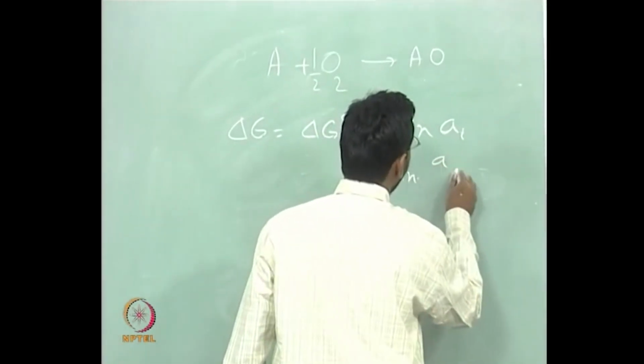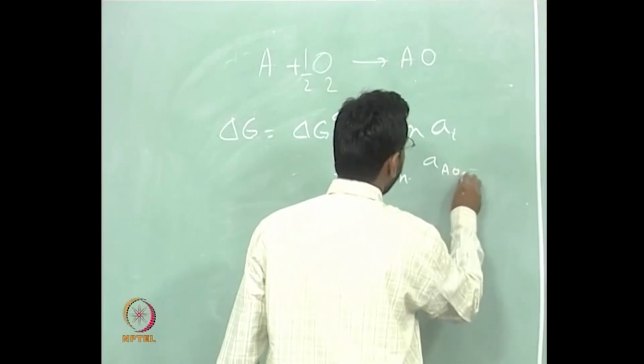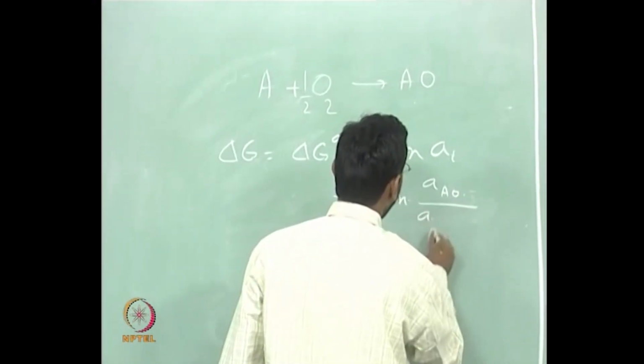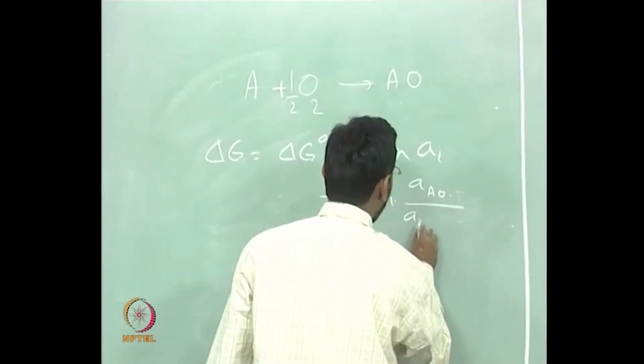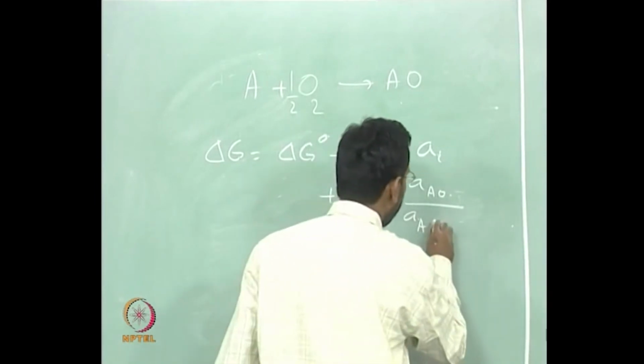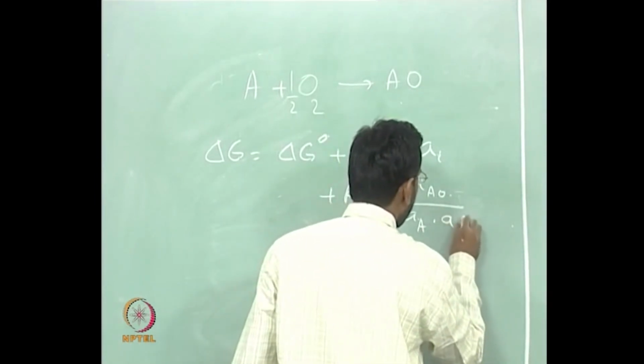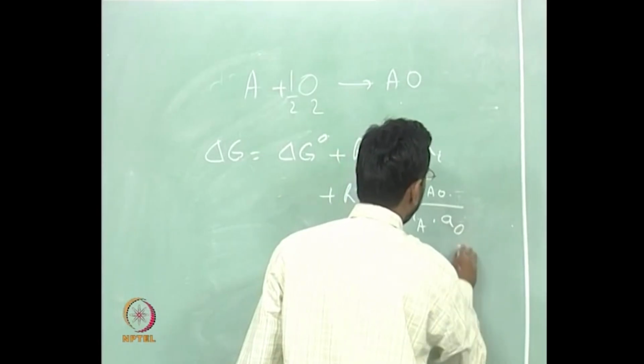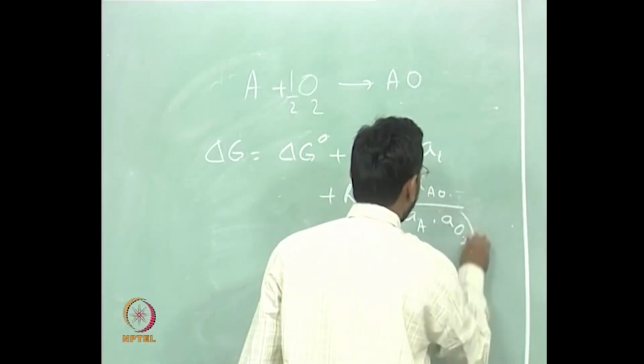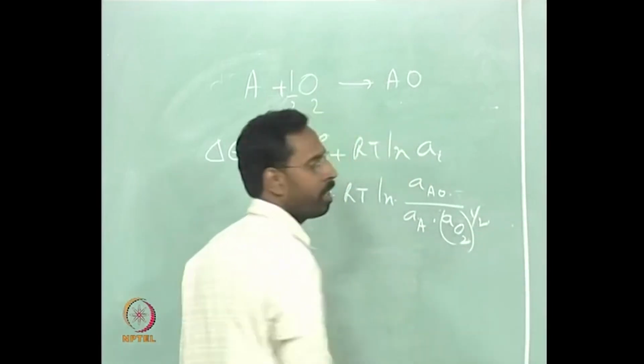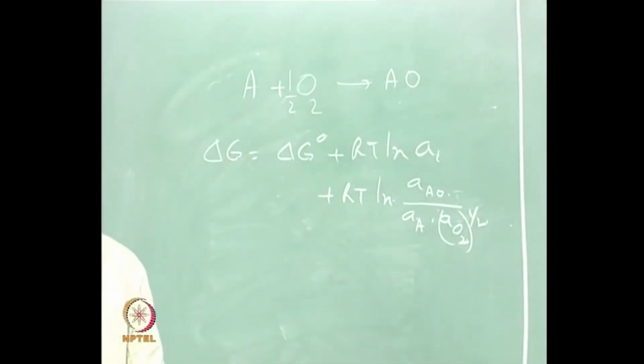So, the activity of the product, which is AO, divided by the activity of the reactants, activity of A into activity of O2 to the power half, because this half is coming.